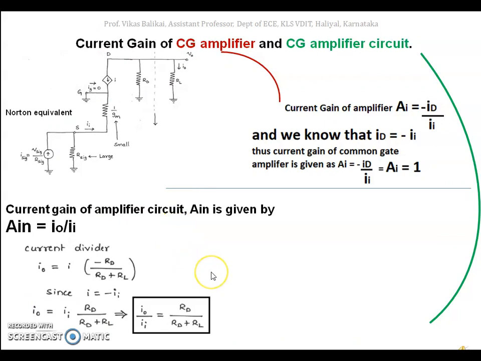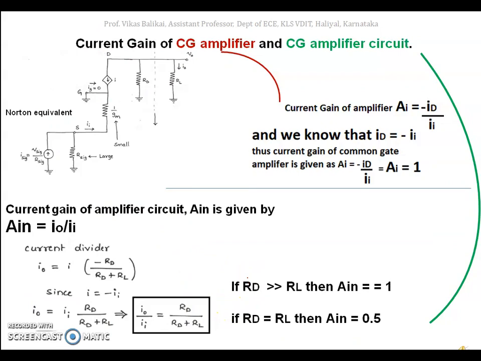Now that we have discussed the current gain of amplifier circuit, that is I naught by II, let's try to get some inputs with respect to certain conditions. Now if RD is much greater than RL, which means I can ignore this RL term, so that will make RD cancel out and make my I naught by II equal to again 1. So for the condition RD much greater than RL, my current gain of amplifier circuit will also be equal to 1, that is admissible.